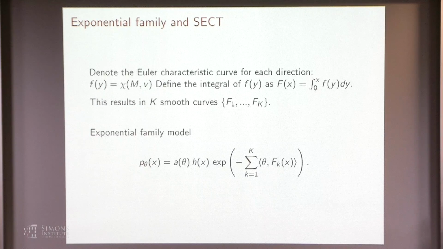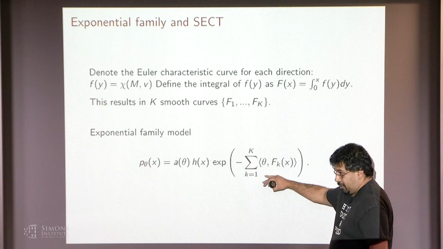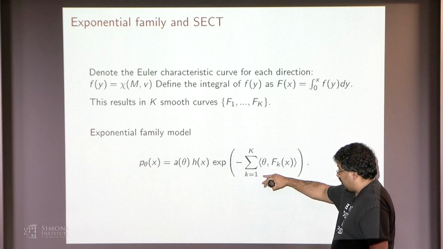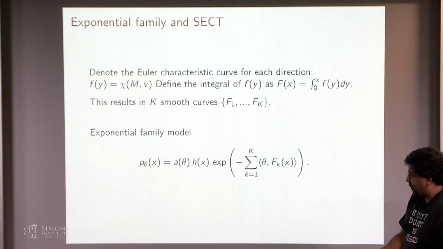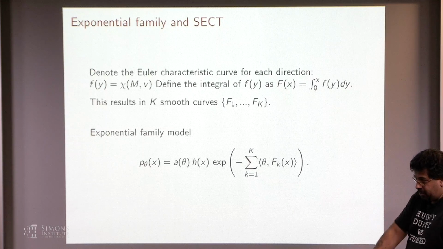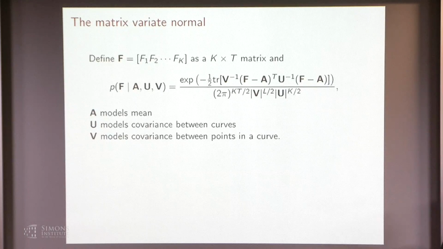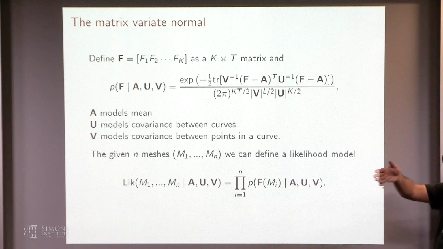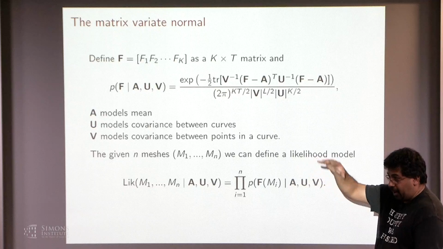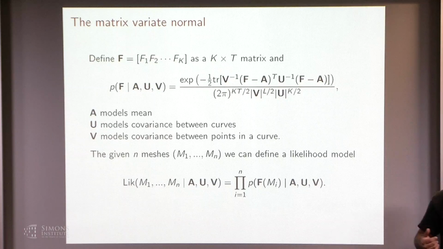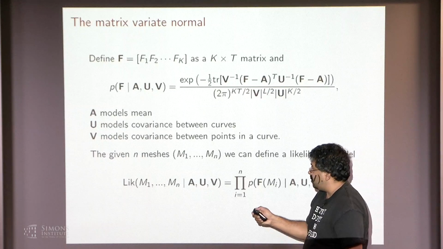Now, the reason we went to the smooth Euler characteristic curve is we wanted to possibly build likelihood models, right? So this is an exponential family model. If I have k curves, one from each direction, I have two choices. One, I can discretize them. Each curve, now I have a matrix. Now I've taken a shape and turned it into a matrix variate normal problem, right? So this is a shape now.